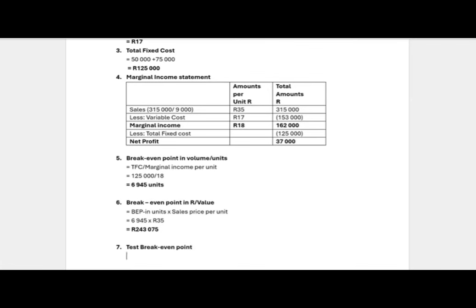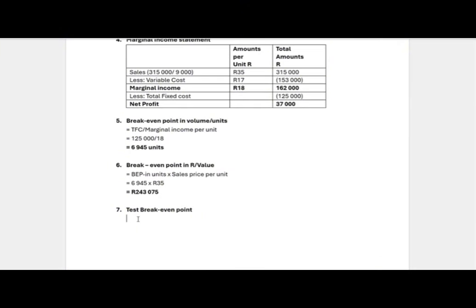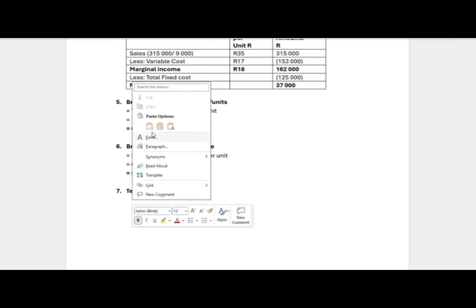To test break-even point, it's easy. This is how we test it. I'm going to give you the formula, and it's quite easy. For you to test the break-even, you have to have the break-even point in rand value.